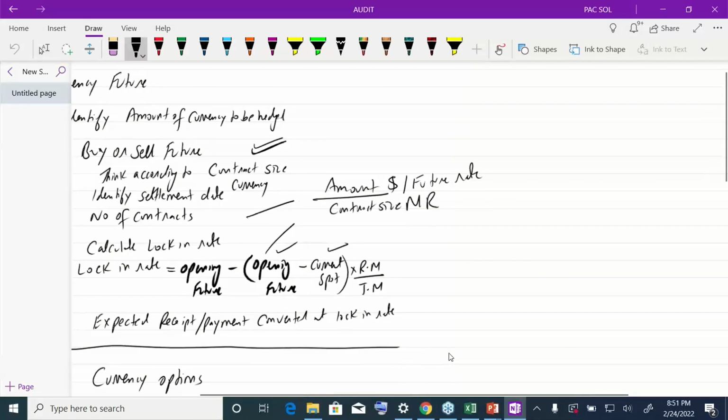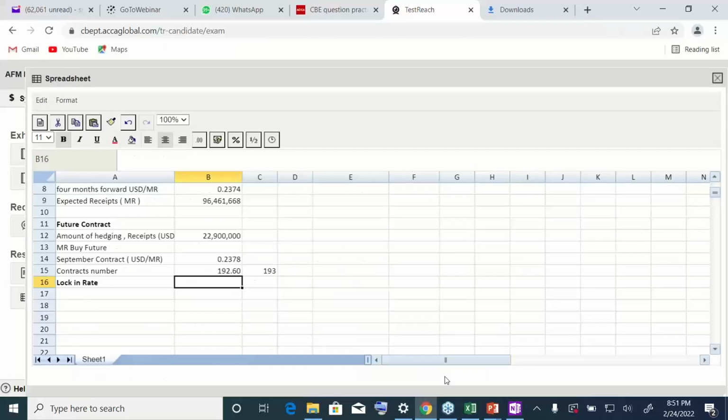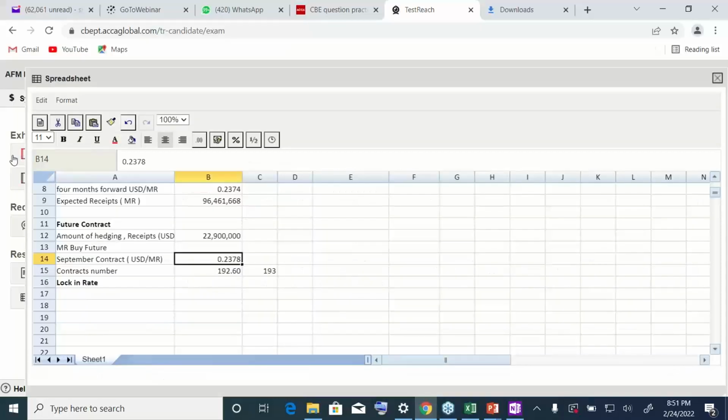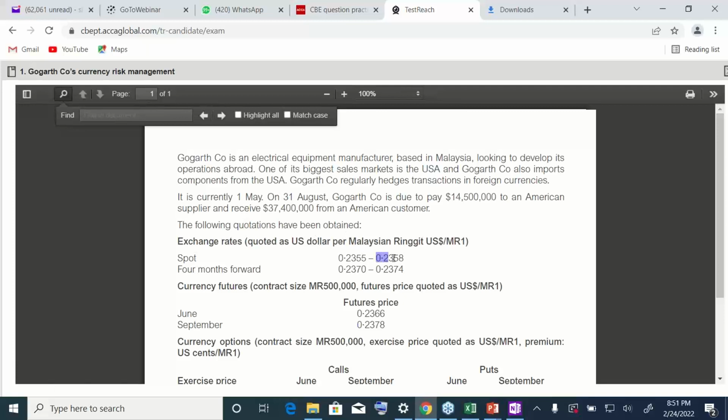Opening future is 0.2378, which you have identified above. Minus the opening future, that is 0.2378, minus the current spot. Okay, let's move to the question. What is the current spot? Current spot is 0.2358.